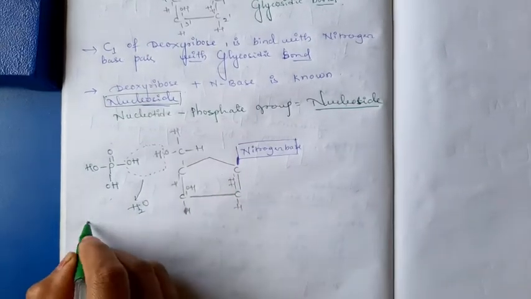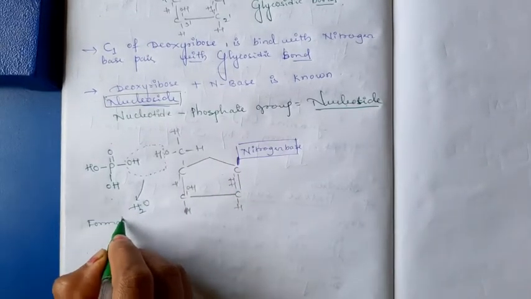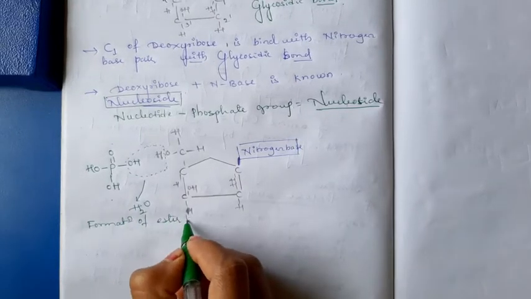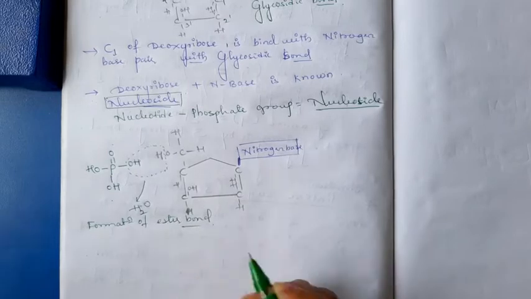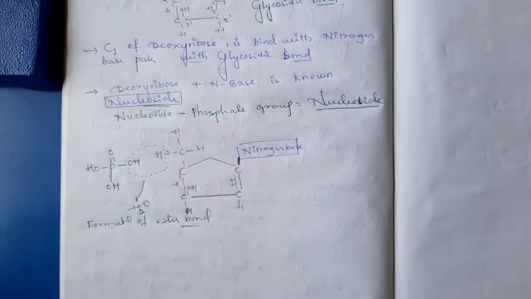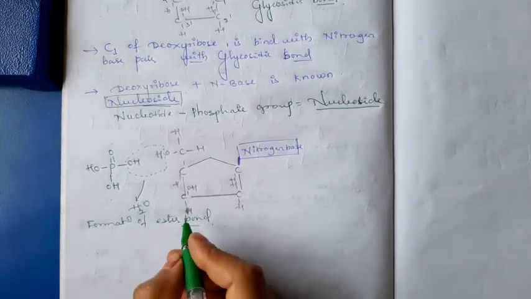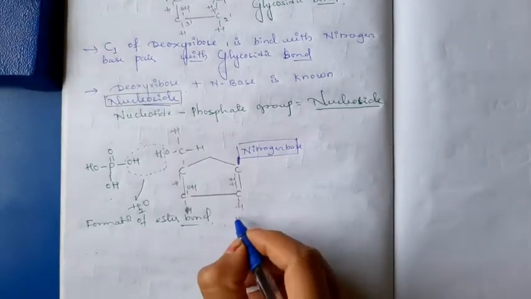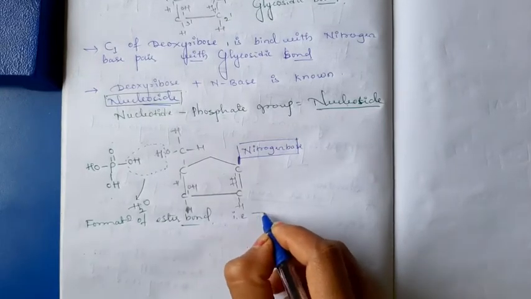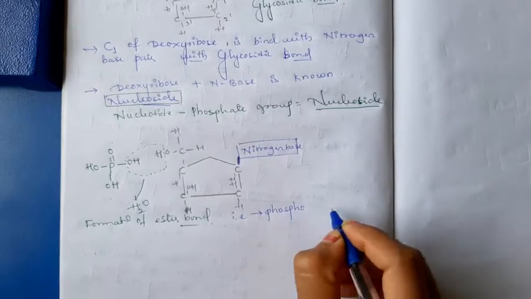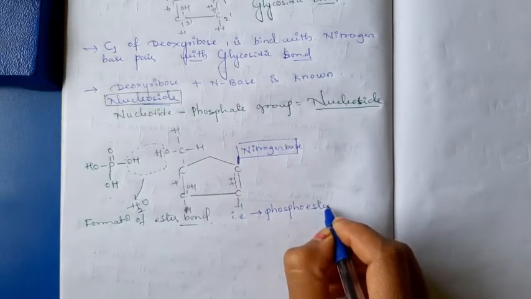Then formation of ester bond. Okay, ester bond, that is a very significant bond in between phosphate group and deoxyribose. Here the formation of ester bond, that is phosphoester bond.